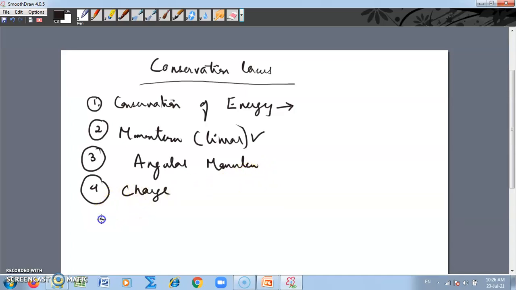There are certain things like the conservation of charge. Charge means actually we talk about the conservation of the number of protons, because you see when I have like this x plus x is equal to y plus y.